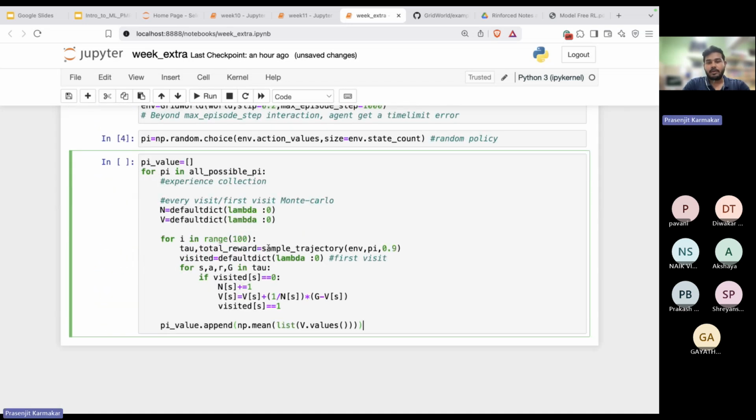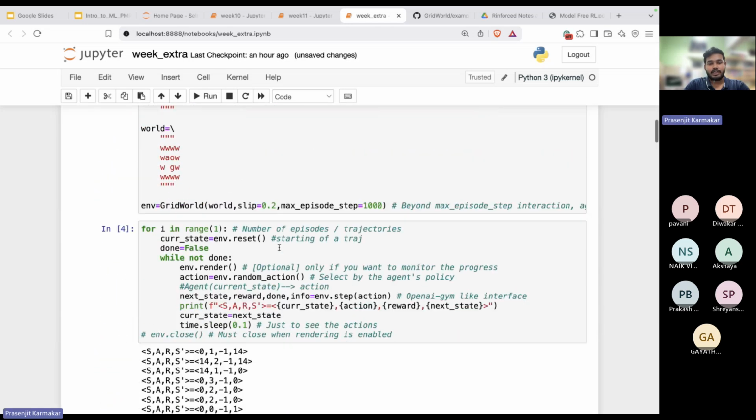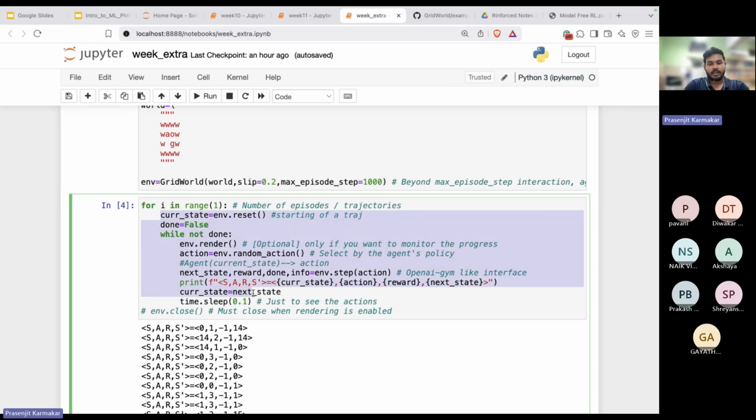Now I don't want to sample the entire trajectory. I just want to interact with it. So let's copy the previous interaction loop we had initially.